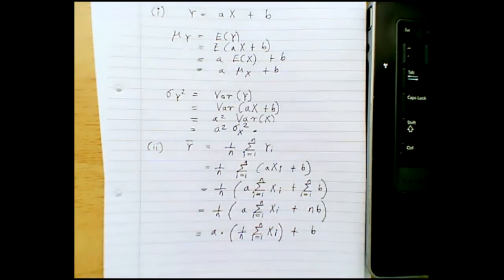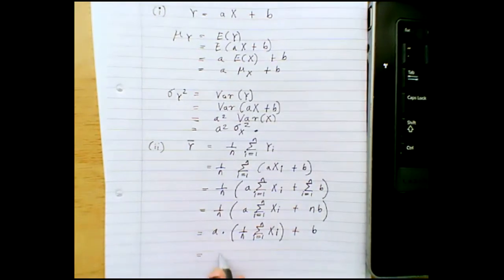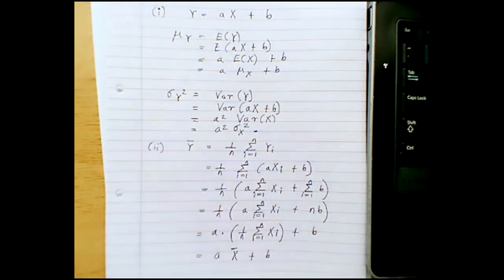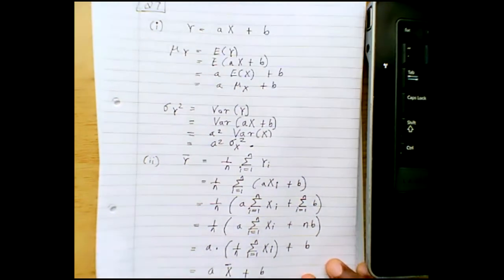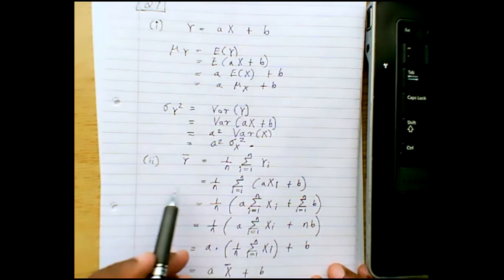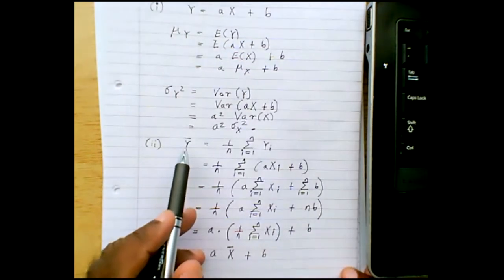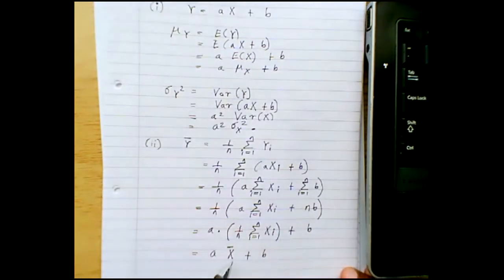Now this here is the sample mean of the x's, plus b. Are you guys okay with this? Hello, talk to me, guys. Are you okay with me so far or not? Okay, thank you. Now this expresses the sample mean of the y in terms of the sample mean of the x's.